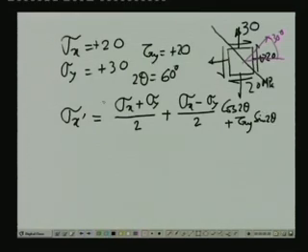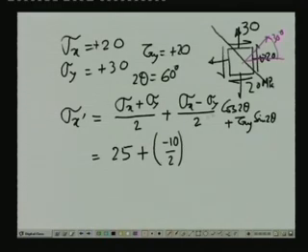So, if we substitute the values of the rectangular stress components, this is equal to sigma x plus sigma y by 2, which is 20 plus 30 by 2, which is 25, plus sigma x minus sigma y by 2, which is 20 minus 30 by 2, is minus 10 by 2, cos 2 theta is cos 60 degree, plus tau xy is 20 times sin 60 degree.